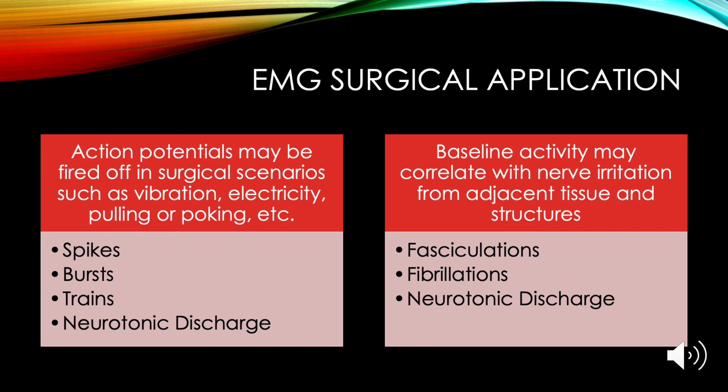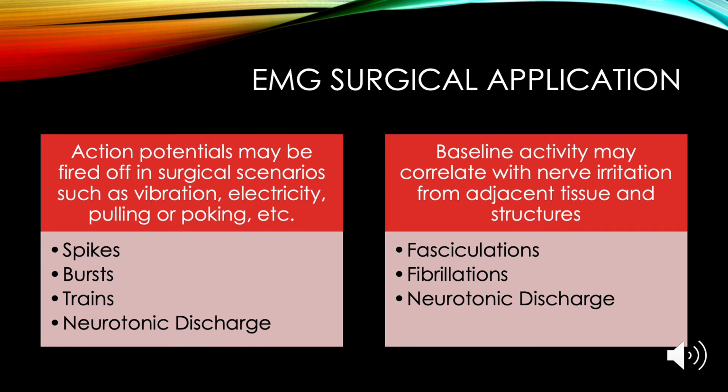These are caused by bumping into the nerve, which then results in brief mechanically induced activation of many motor units simultaneously. So again, it must be reported immediately. Spike trains are a series of multiple spikes and should also be reported immediately because they may be associated with nerve stretching, compression, or heating.